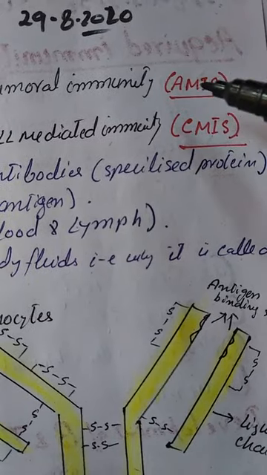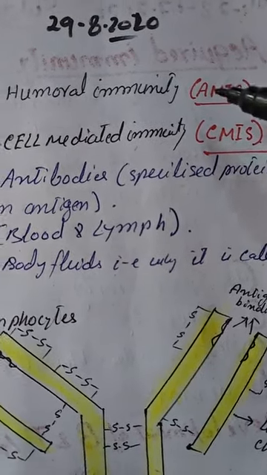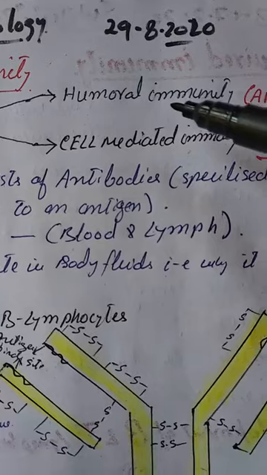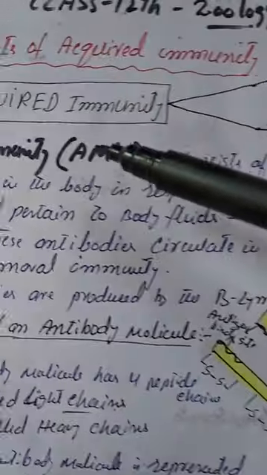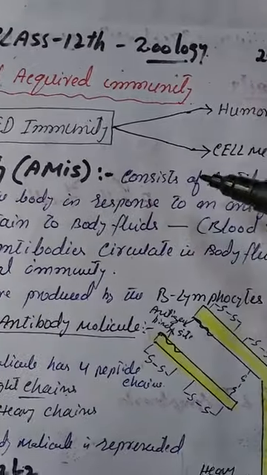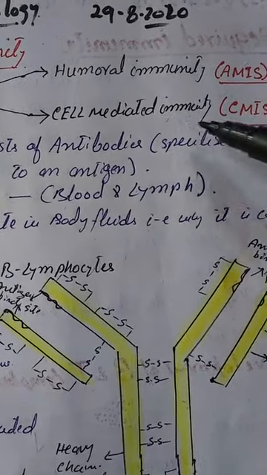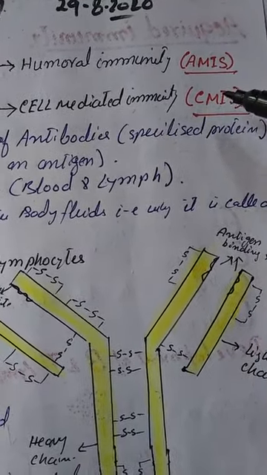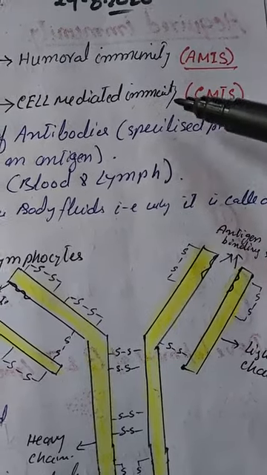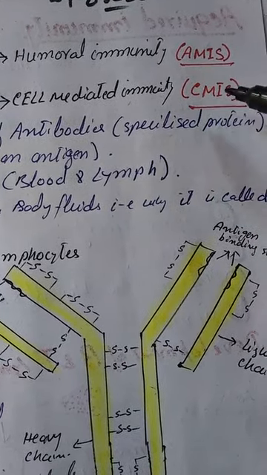The second type is cell mediated immunity, abbreviated as CMIS, that stands for cell mediated immune system.